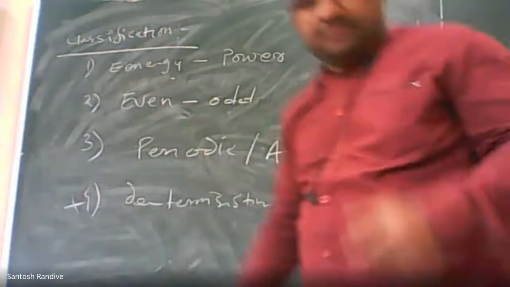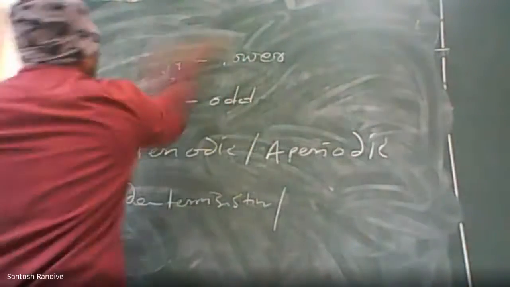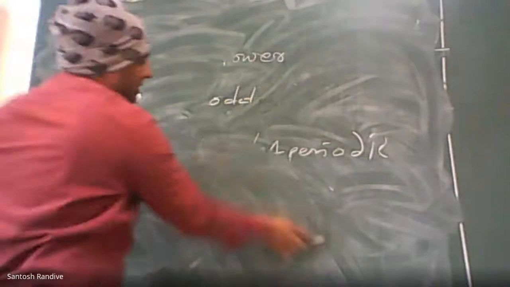We have already taken even and odd signals, so directly we will see what even is. The even signal is represented as xe of t.